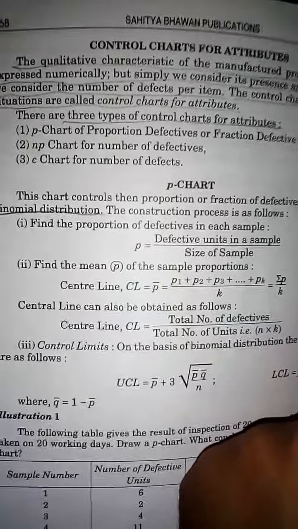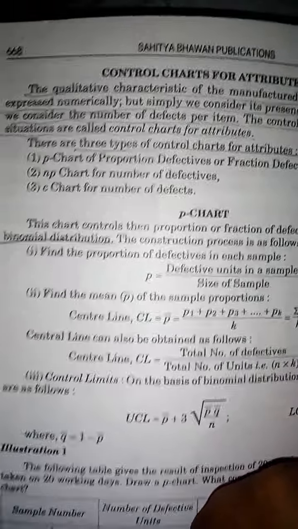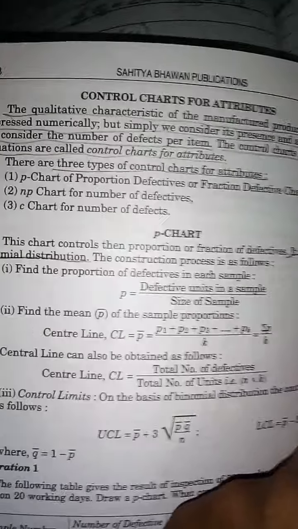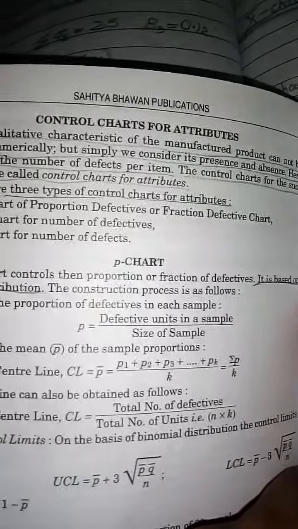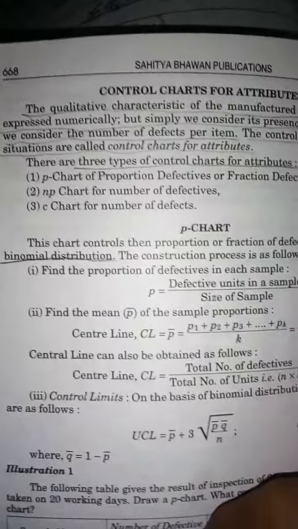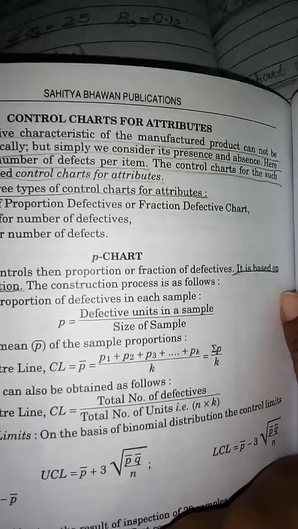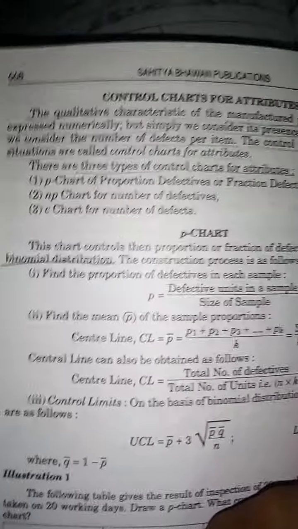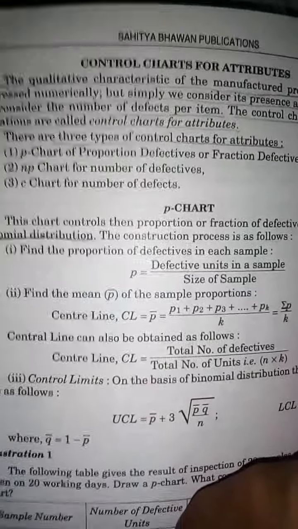Now let's go to the second method. It is control chart for attributes. The qualitative characteristic of the manufactured product cannot be expressed numerically, but simply we consider its presence and absence. Here we consider the number of defects per item.